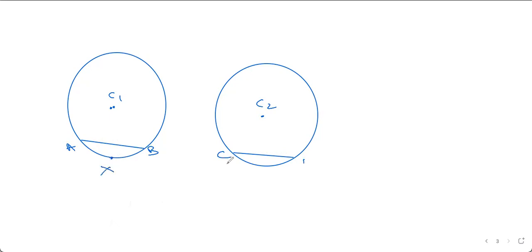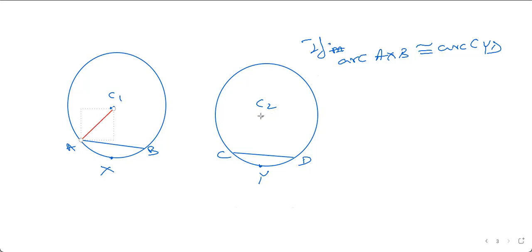Now if AXB is congruent to CYD, and our radii are same, that means AC1 is equal to CC2.